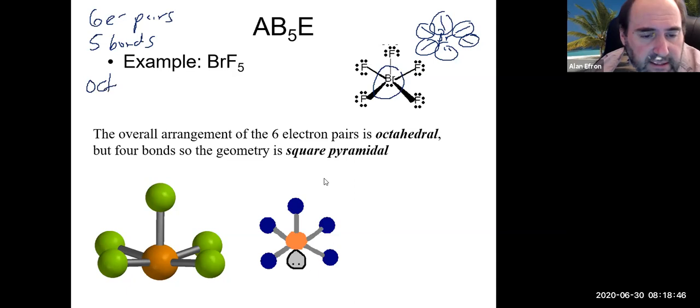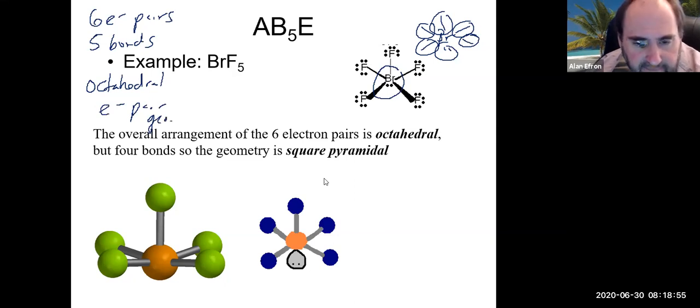It is going to be octahedral for electron pair. And in this case, we do end up getting 5 bonds. So again, these 5 bonded guys try to spread out as best as possible. And a much better picture maybe over here. You make a square on the bottom, and it's a pyramid shape because you got that 5th bond coming up to the top there. And we get what is known as square pyramidal for our molecular geometry.